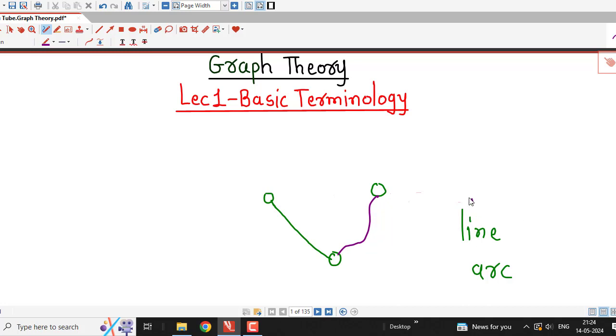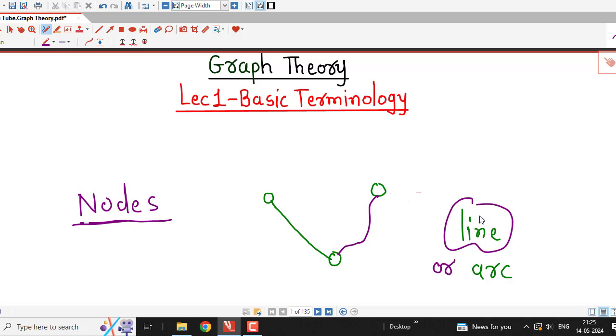We are not concerned about the geometry of lines or arcs, but the meaning of graph is we have two sets. One set is the set of points or circles which represents the objects, and these points or circles are called nodes or vertices. In this diagram certain pairs of nodes are connected by a line or arc.